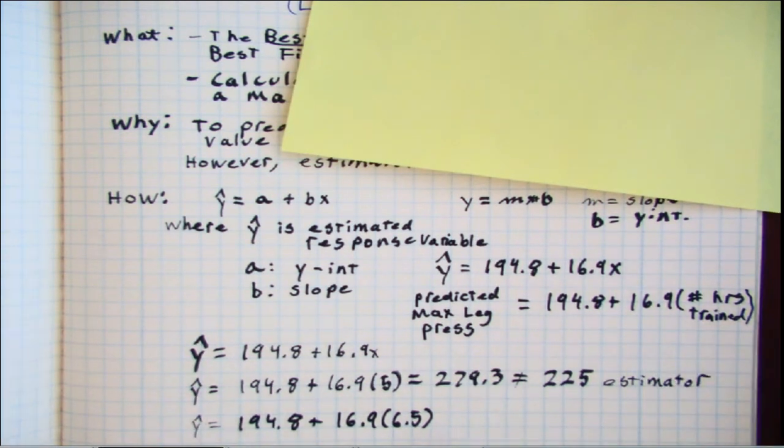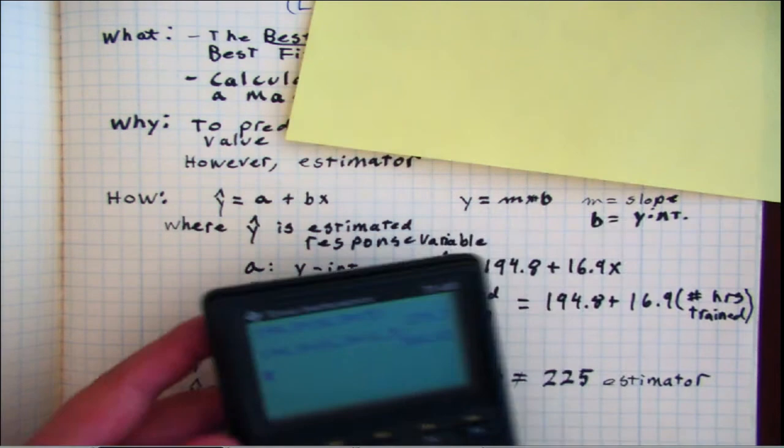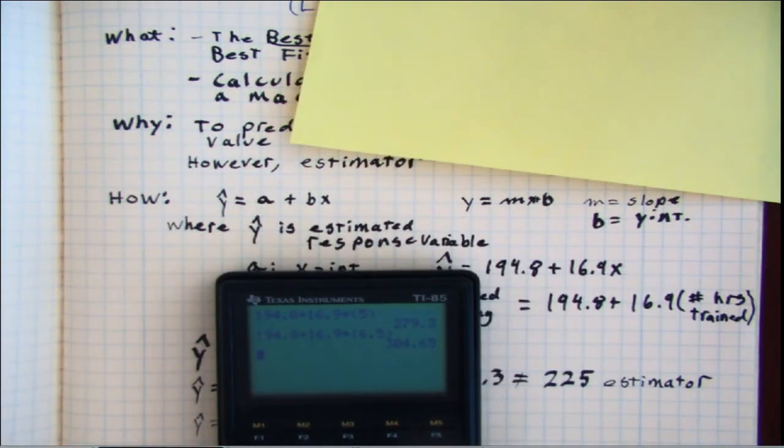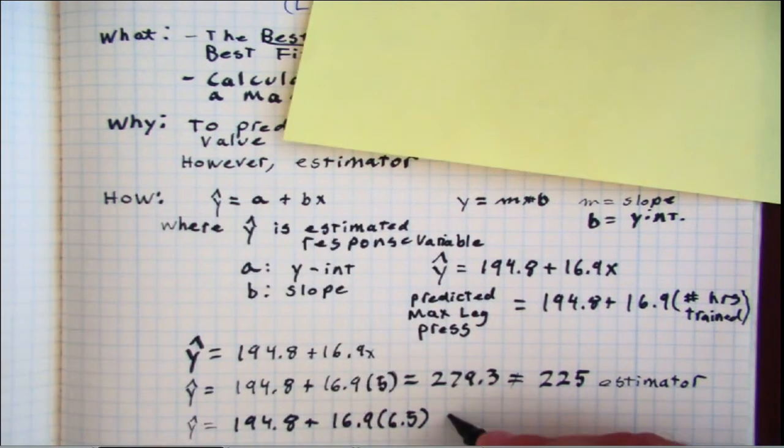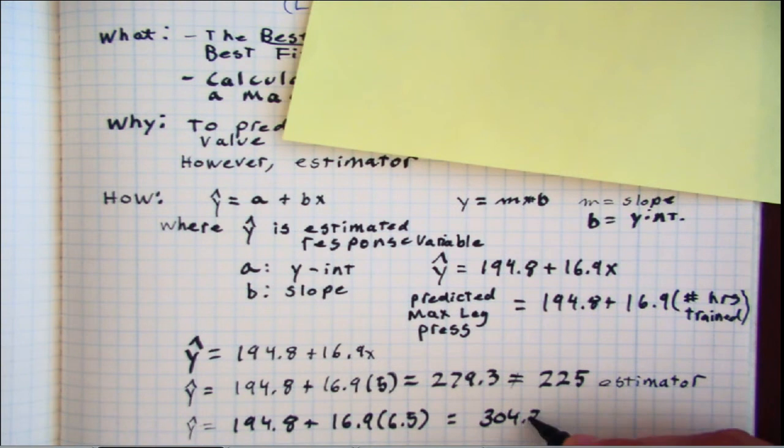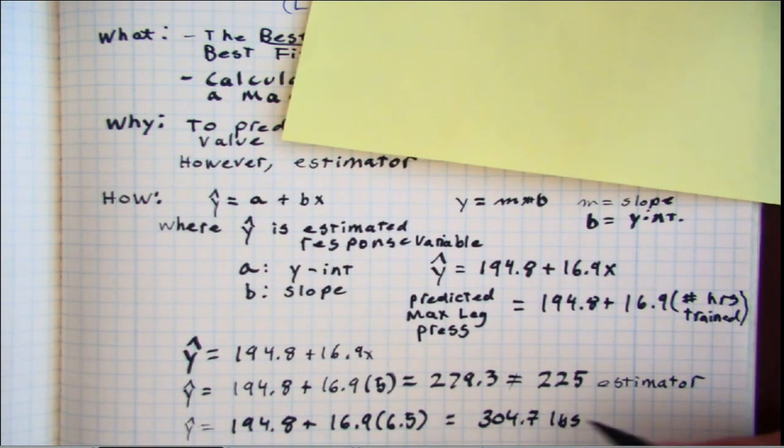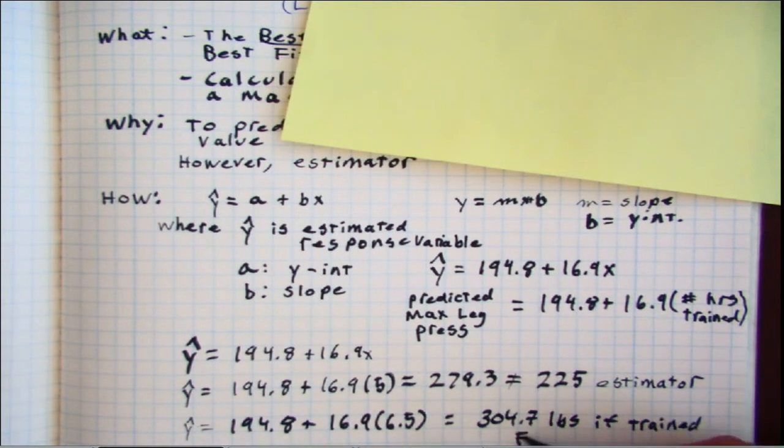This is just what our study is showing, what we would predict. We would predict that someone would be able to leg press 304.7 pounds if they trained for 6.5 hours.